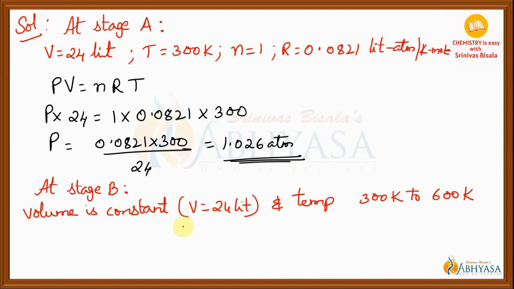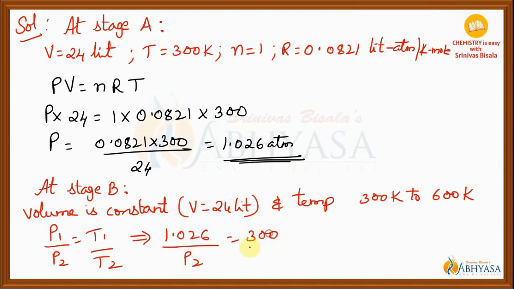Can you recollect anything from this particular statement? Yes, you are correct. This is nothing but Gay-Lussac's law. So we have P1 by P2 equal to T1 by T2. Substitute these values. P1, that is the initial one, 1.026. P2 we need to calculate here, and temperature is 300 and this is 600. This goes 2 times. So we have the pressure at stage B as 2.052 atmospheres. Is it clear?